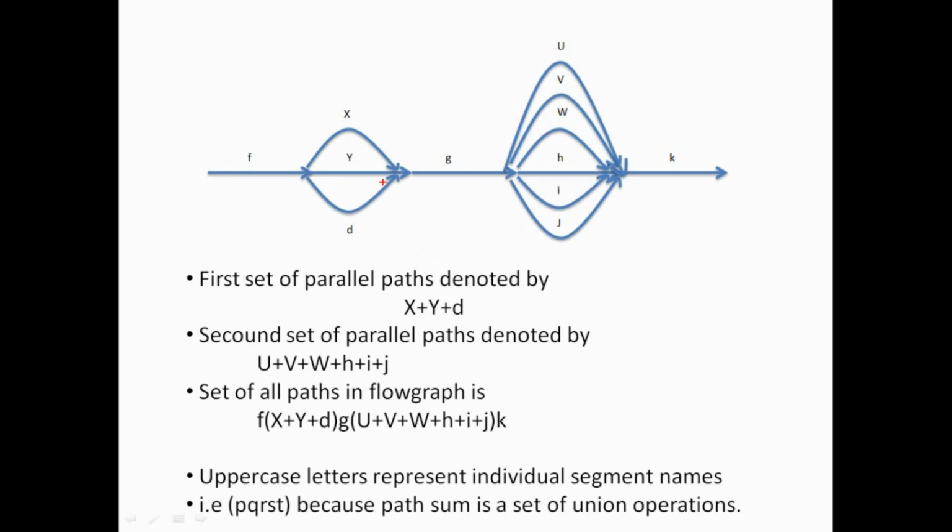this particular flow graph. Here the first link has weight f, and the other links in the same direction are x, y, and d. These are the parallel links, and we are not specifying any nodes in between these paths.